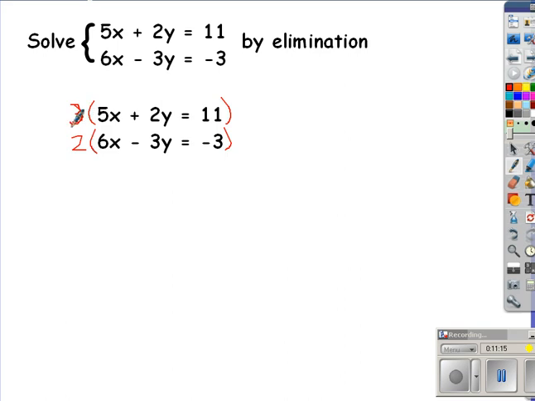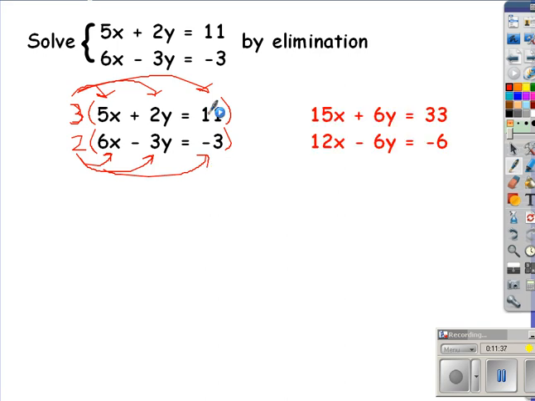And since 2 and 3 aren't easily converted into something, you have to multiply them both. If I distribute through, I'll have 15x plus 6y equals 33, and 12x minus 6y equals negative 6. Which again, worked out really slick, because now I have a 6y and a minus 6y. So those will eliminate themselves. And that's what we're looking for.